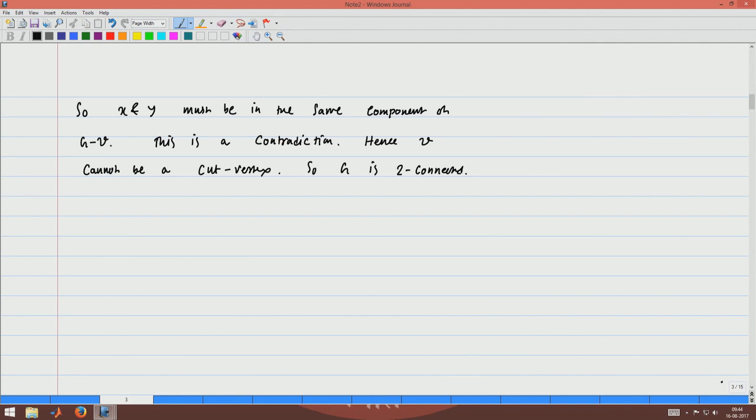Okay. So, in the only if part of this proof, what you are given is that for any three distinct vertices x, y, z, there is an xz path passing through y, and then you have to prove that if this is true for a graph G, then the graph is two connected. So, this is a proof by contradiction.